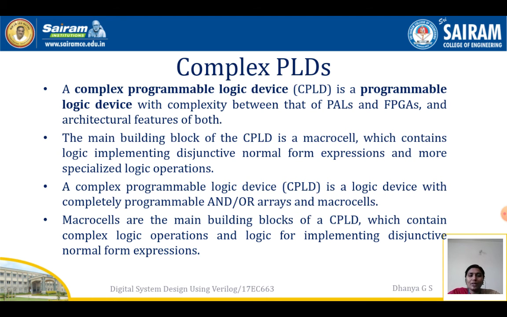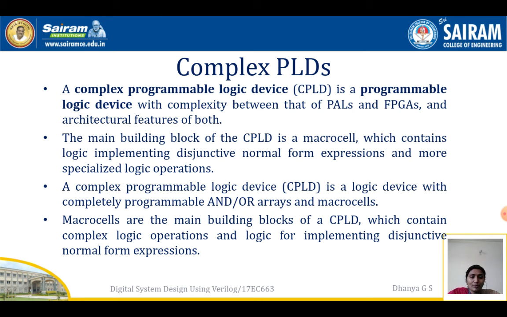Next we'll move on to CPLDs. CPLD is nothing but complex programmable logic device. It is a programmable logic device with complexity between that of PALs and FPGAs, and architectural features of both. The main building block of a CPLD is a macro cell, which contains logic implementing disjunctive normal form expressions and more specialized logic operations.